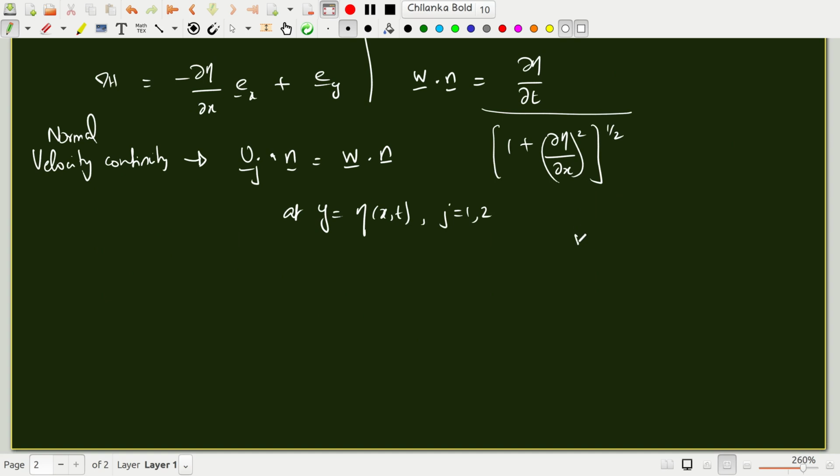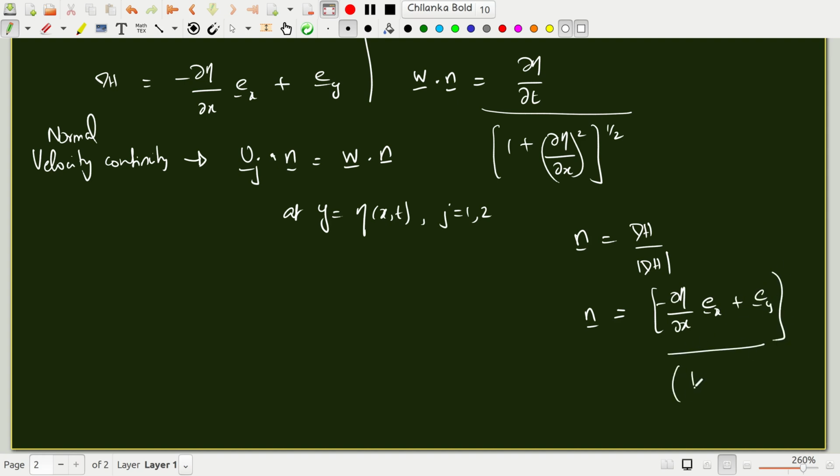Now you have to think of what is n. n is nothing but del h by mod del h, divided by 1 plus partial eta by partial x squared to the half. Now one thing that you can imagine is that in a linear stability analysis, in the denominator 1 plus something squared to the power half, this square term can be neglected.